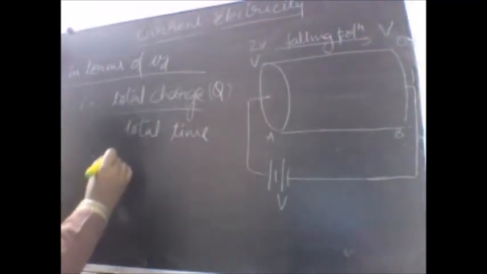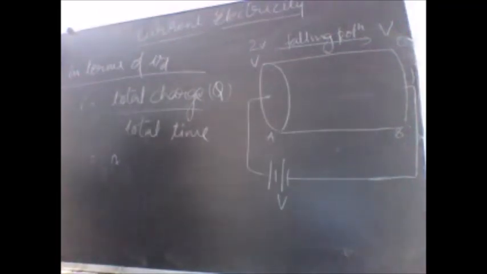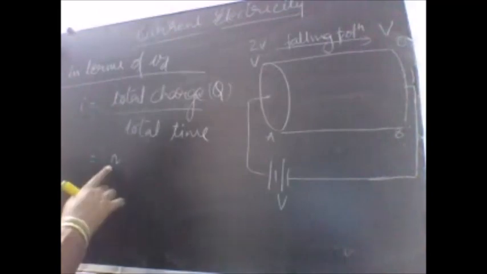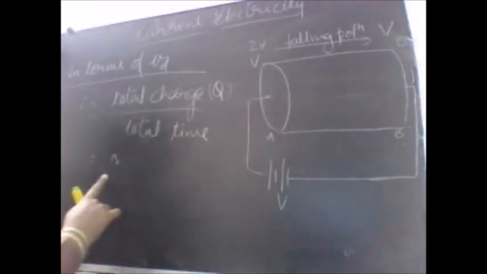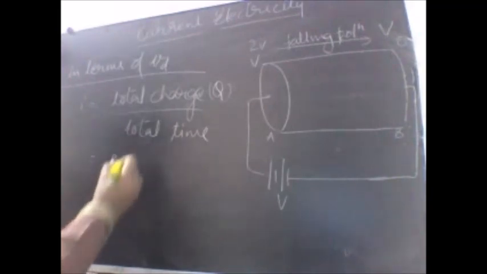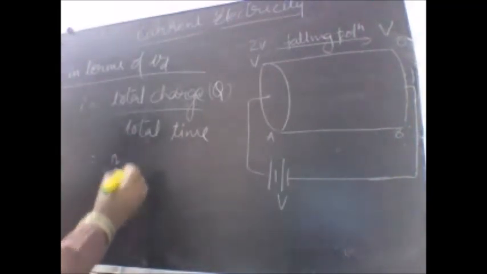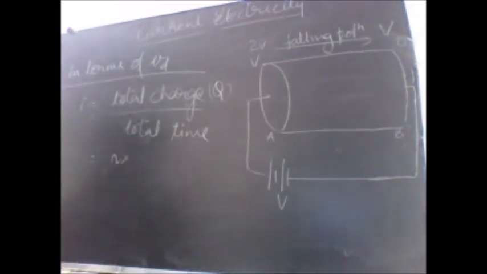Assuming that n, small n, is the charge density, charge per unit volume, if I multiply this by the volume of this conducting piece, I am going to get the total charge. So it is charge per unit volume multiplied by the volume.